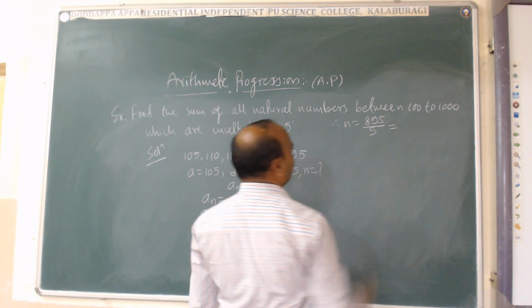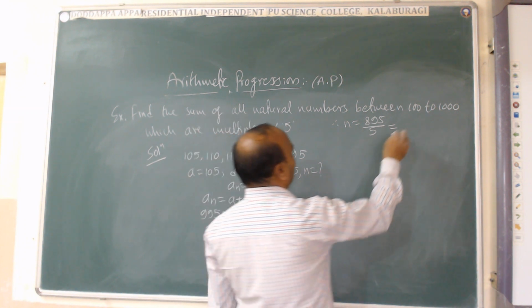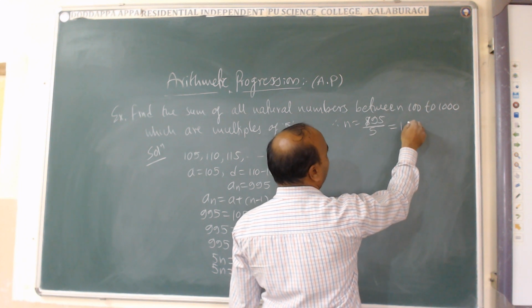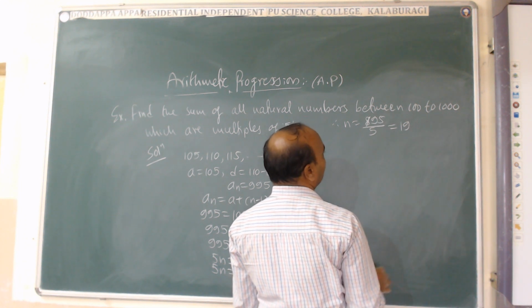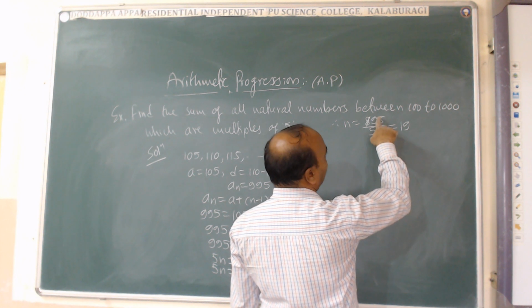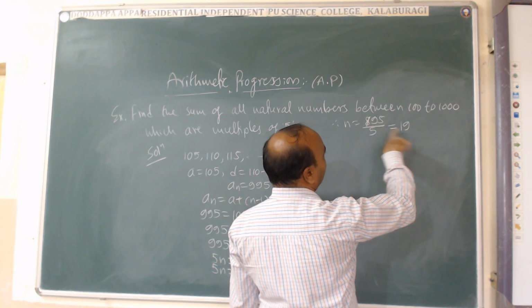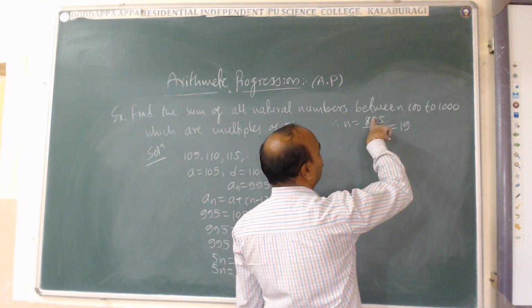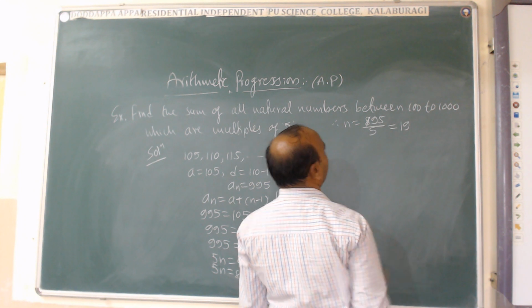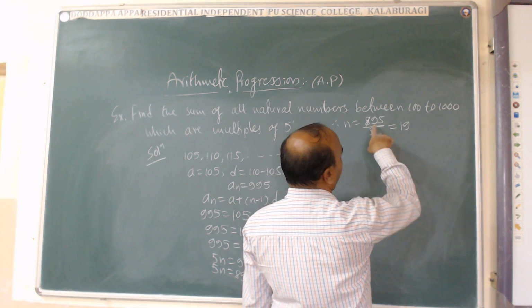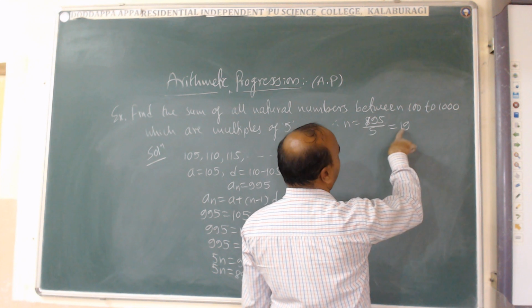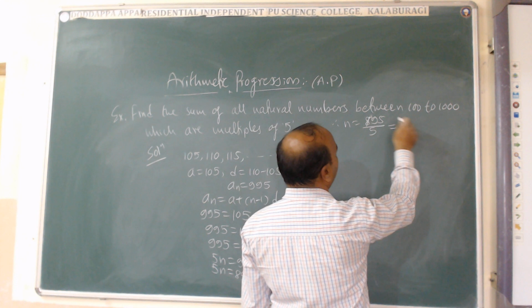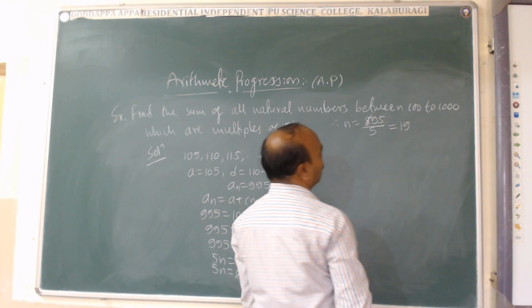Then you cancel by 5. 5 ones are 5, 4 remains. 5 nines are 45. 5 ones are 5. 5 nines are 45.